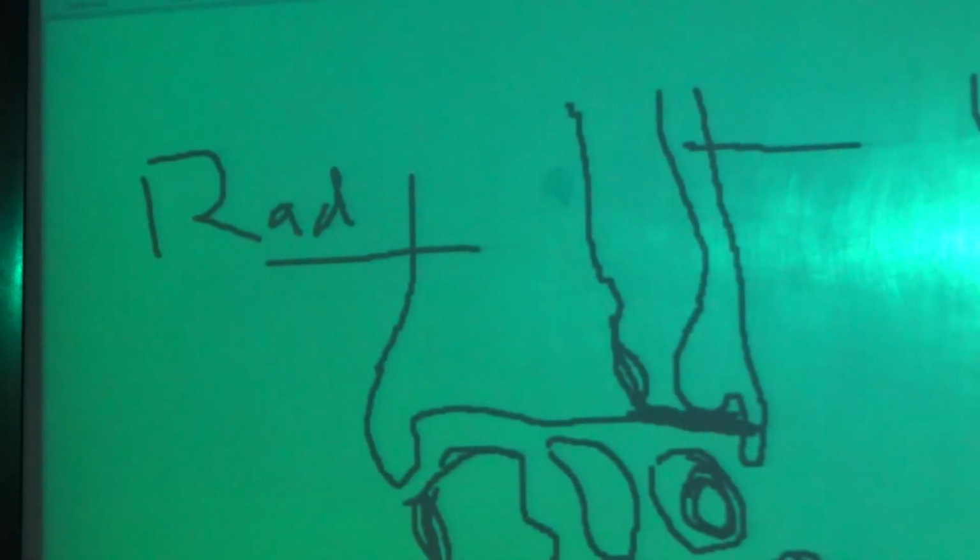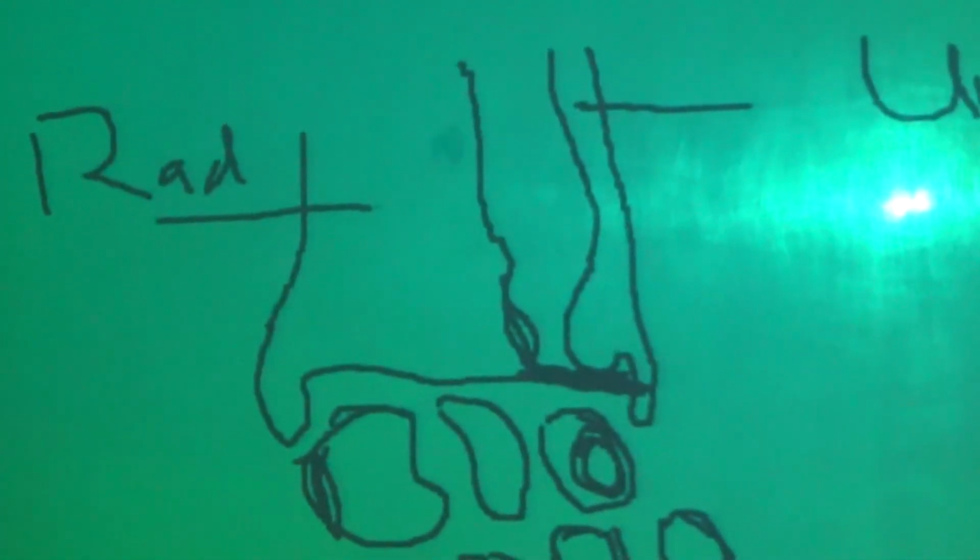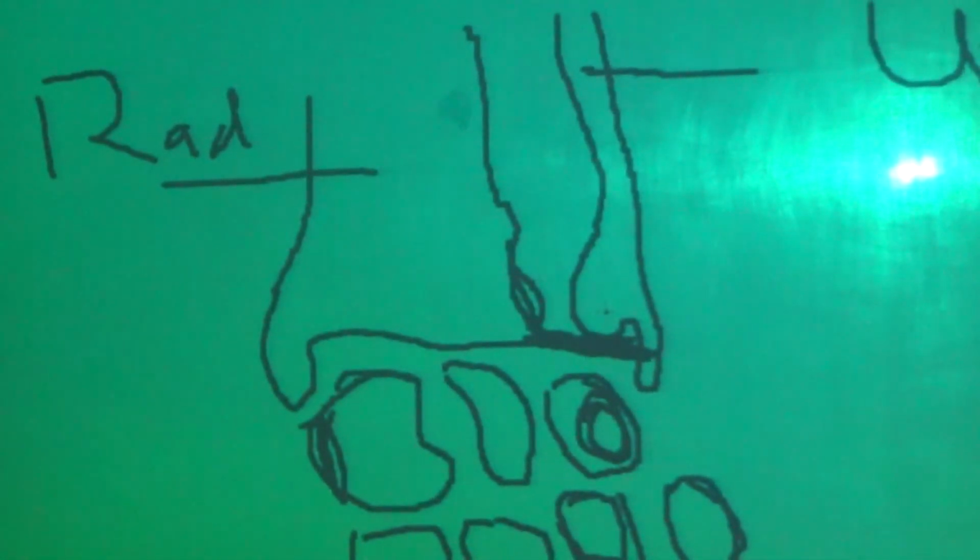Is it clear? This is the head of the ulna. The head of the ulna is not participating in the formation of the wrist joint because of the presence of this small cartilage here. This one is a cartilage. So this is separated, and this is known as the radiocarpal joint.